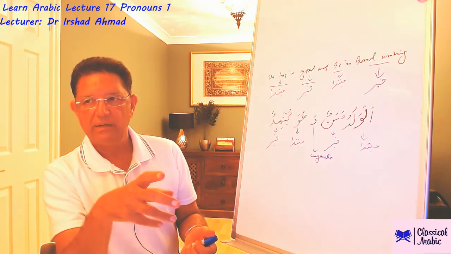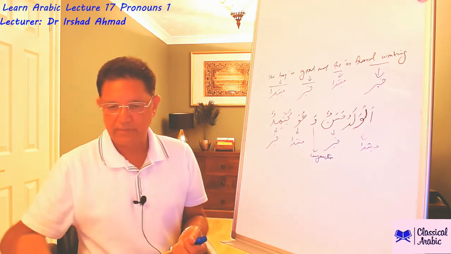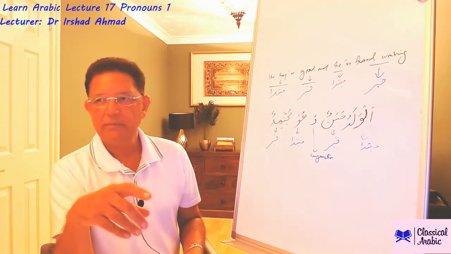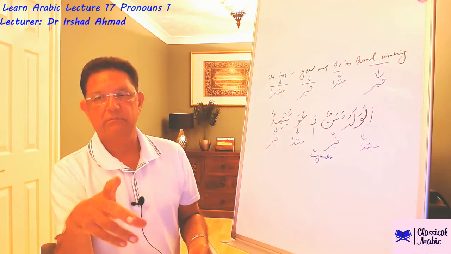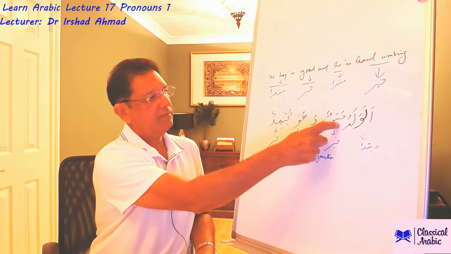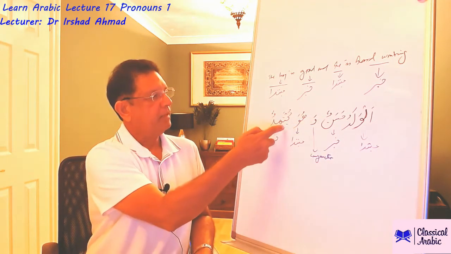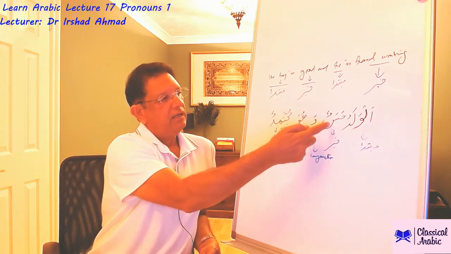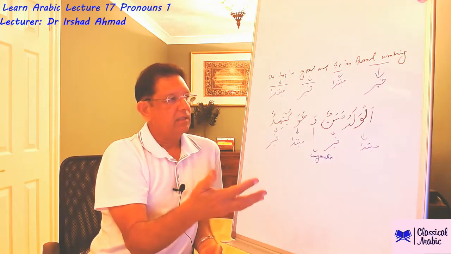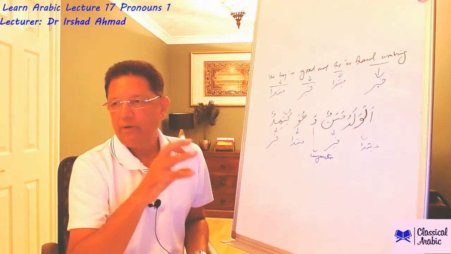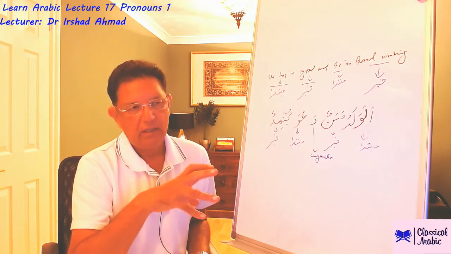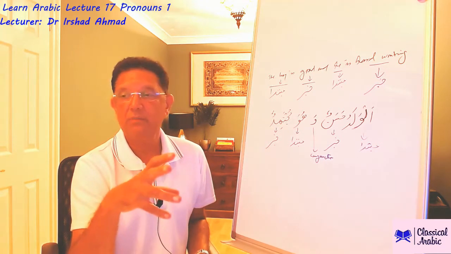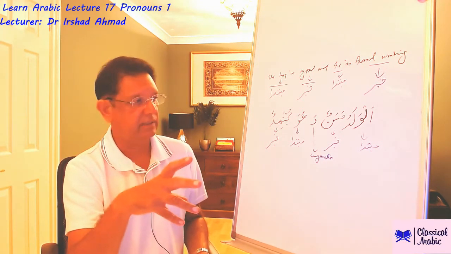Here we see the khabar hasanun is a sifa, mujtahidun is a sifa, a kind of adjective. So when khabar is sifa, it's easy to bring khabar as indefinite. When khabar is not sifa, it may not be possible to bring the khabar as indefinite.